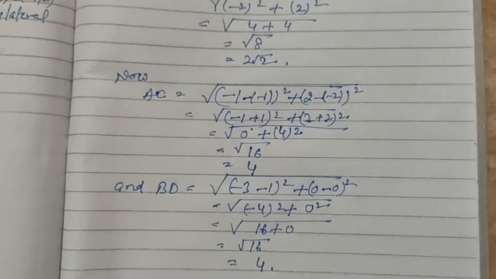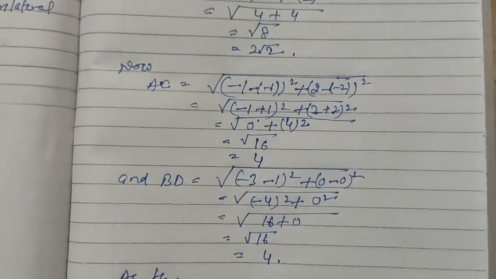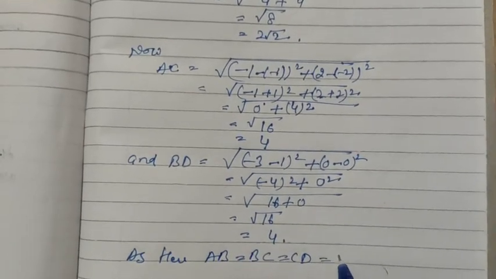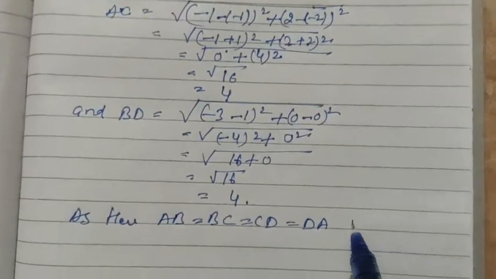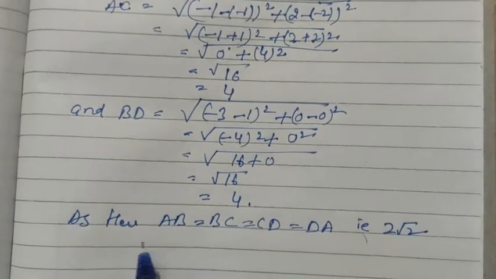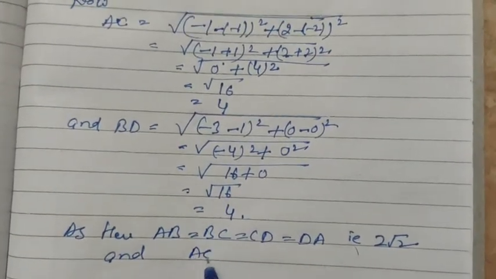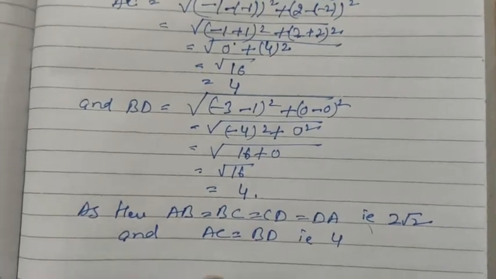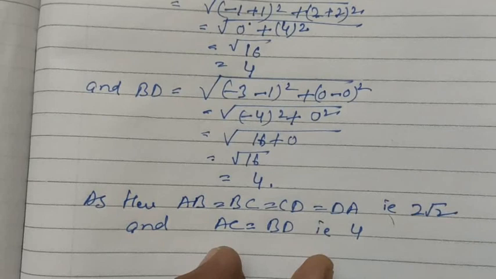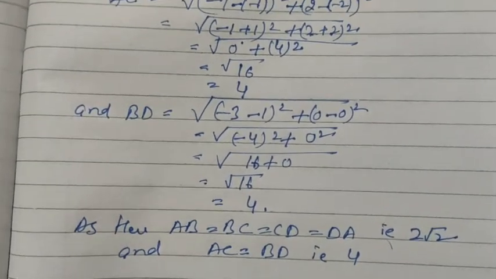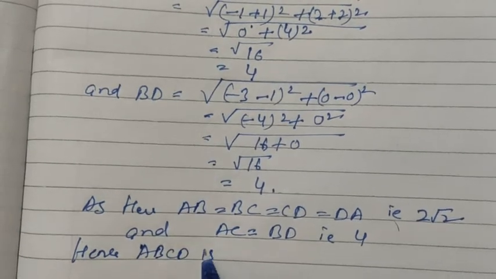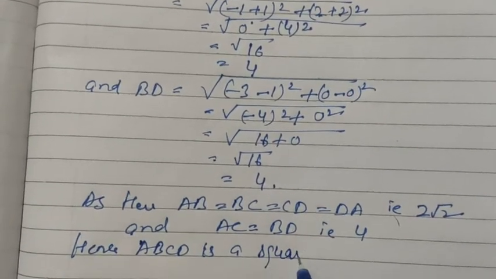So here we have all sides equal, that is AB equals BC equals CD equals DA, that is 2 root 2, and both the diagonals, that is AC equals BD, that is 4. So we can say all sides are equal and both the diagonals are equal, so hence ABCD is a square. This is a square.